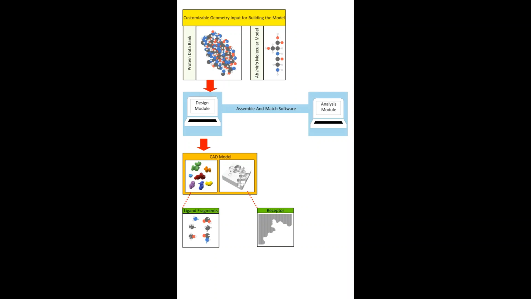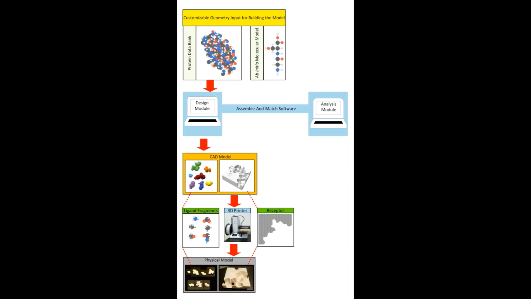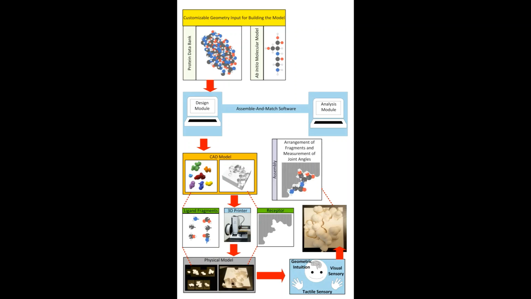These CAD models are then printed using a 3D printer to yield the physical models of the ligand fragments and the receptor. The user then will exploit their visual and tactile senses as well as their geometric intuition to assemble the ligand fragments, conform the resulting peptide chain, and identify the best fit of the ligand into the binding site of the receptor.